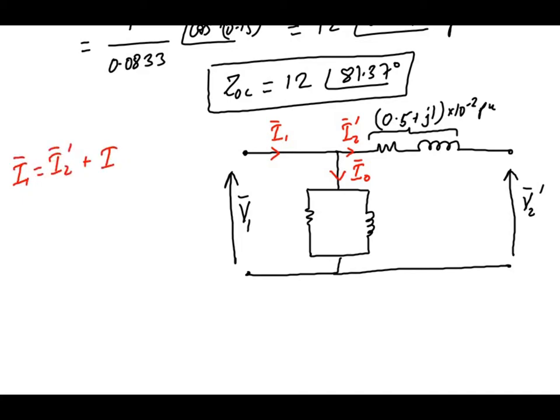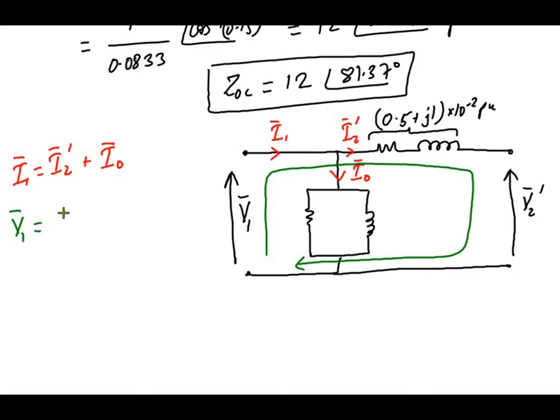And how will you calculate V1? If you apply KVL in this loop, V1 will be equal to V2 dash plus I2 dash into Z per unit. So we will first calculate I1 and then we will calculate V1.